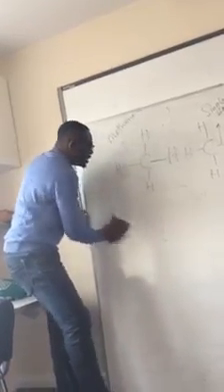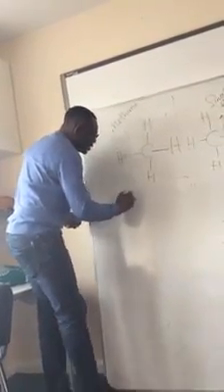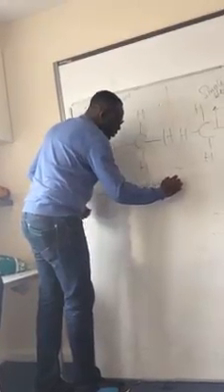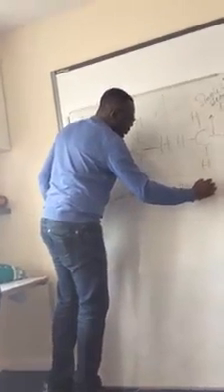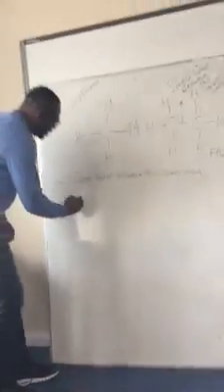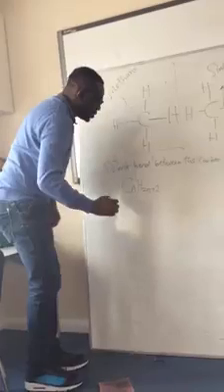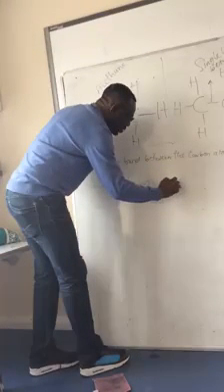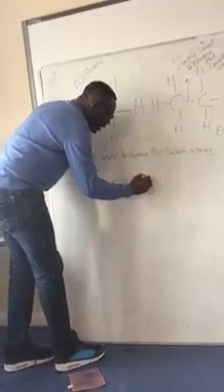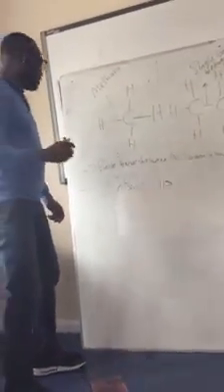So, key definitions are saturated hydrocarbons, single bond between the carbon atoms, and they have a general formula of CnH2n+2, where n equals or is greater than 1. So they have a general formula.